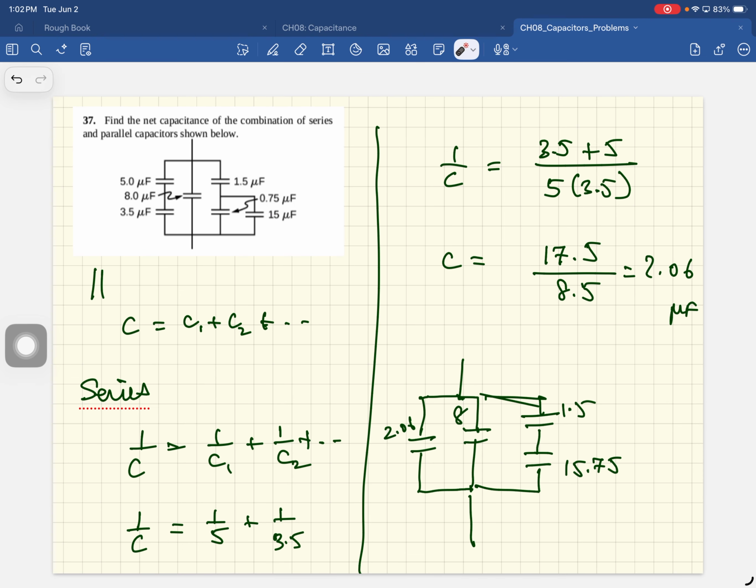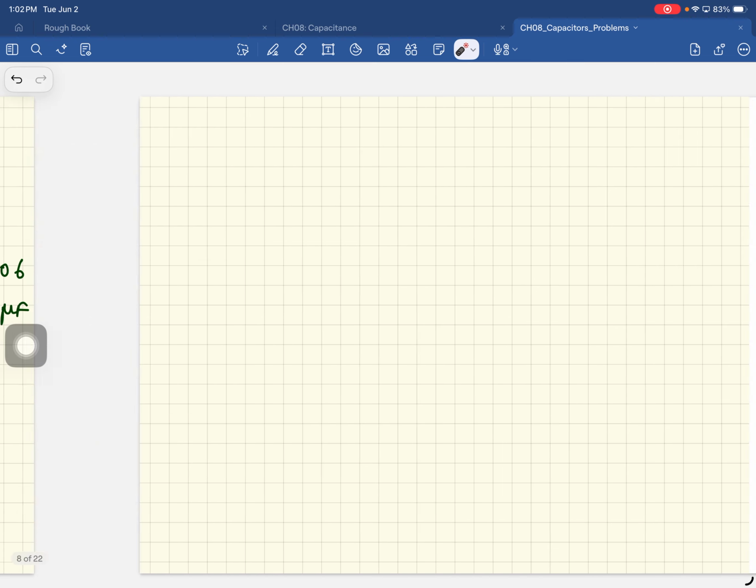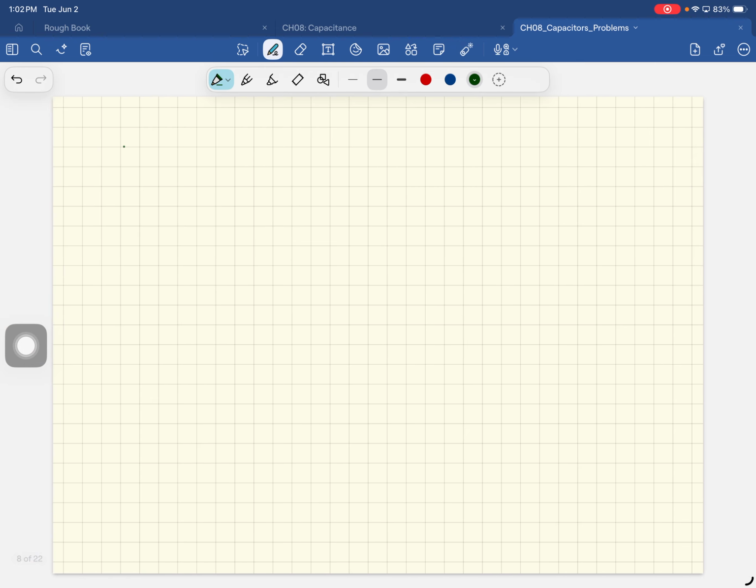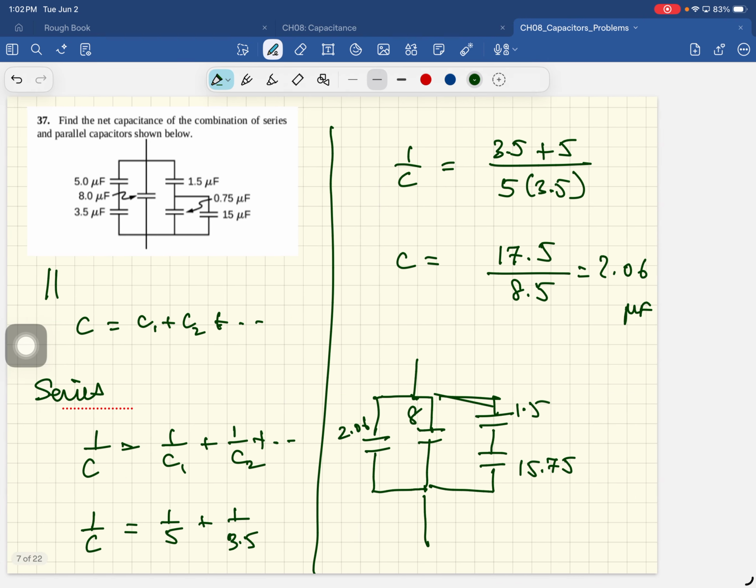All right, so this problem says a 2 microfarad capacitor and a 4 microfarad capacitor are connected in series across a 1,000-volt potential. The charged capacitors are then disconnected from the source and connected to each other with terminals of like signs together. Find the charge on each capacitor and voltage across each capacitor.